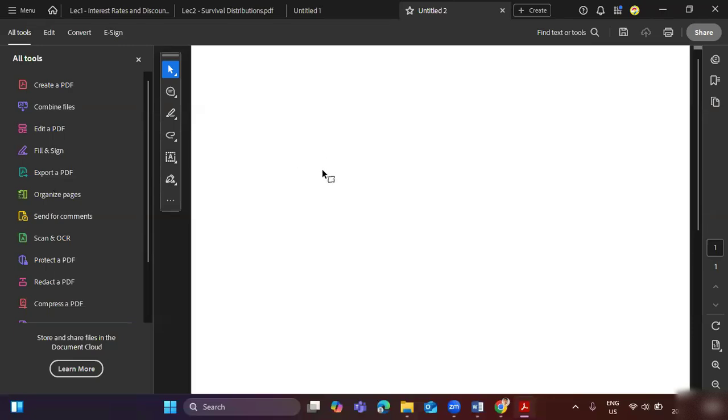Suppose we have a function, for example, defined over this span. This is the survival function itself.